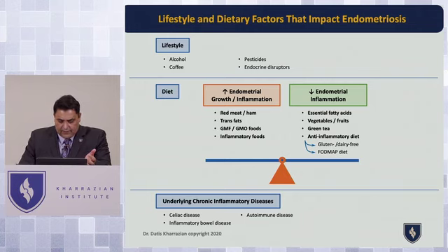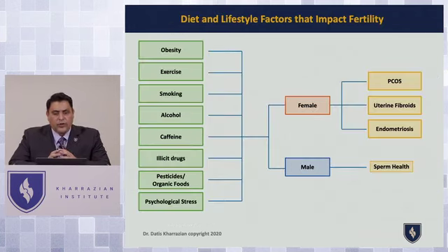So, in summary, when you're looking at diet and lifestyle factors that impact fertility, all the ones on this diagram on the left-hand side have an impact in both males and females. With males, we went through how important oxidative stress, inflammation, and fatty acids are for sperm health, and micronutrients and antioxidants too.